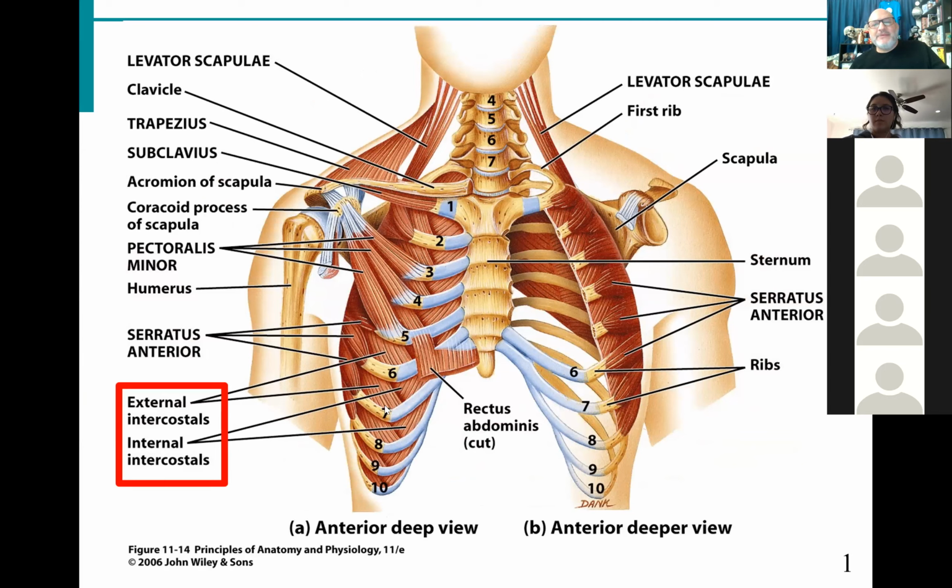Notice, as the name indicates, intercostal means between the ribs. And sure enough, that's where you find these. These muscles are located between the ribs. So let's switch to our whiteboard. Get a new spot and draw some new pictures.